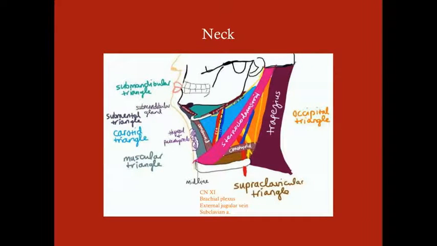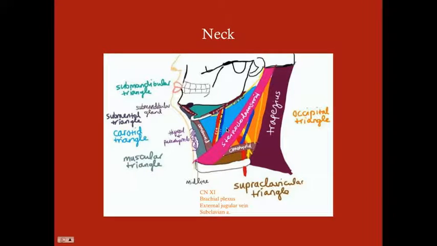So with the occipital triangle, you can have damage to any of those. I believe with the supraclavicular triangle, it would primarily just be damage to the lymphatics, but there's probably other stuff in there too. But this is also divided up into 2 different triangles.